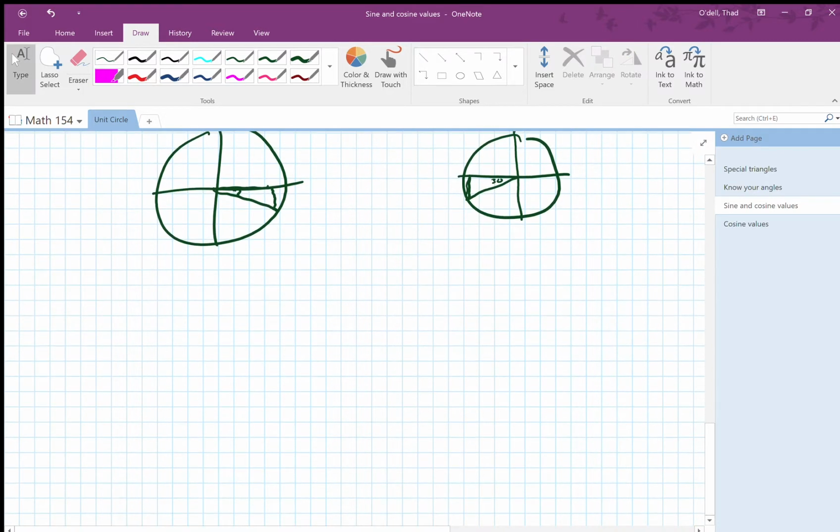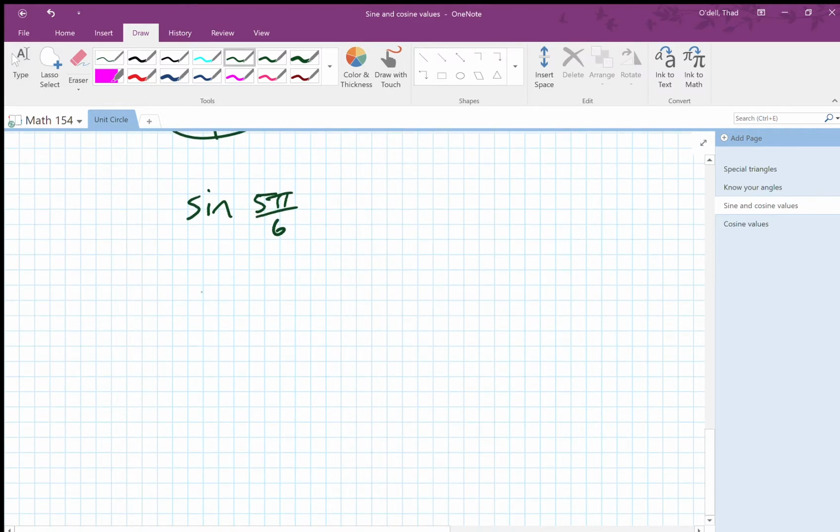We could also do this if we're talking about radians. So for example, if I want to know the sine of 5 pi over 6. Again, from the last video, we've been hopefully getting better at finding our way around the unit circle in radians and degrees.